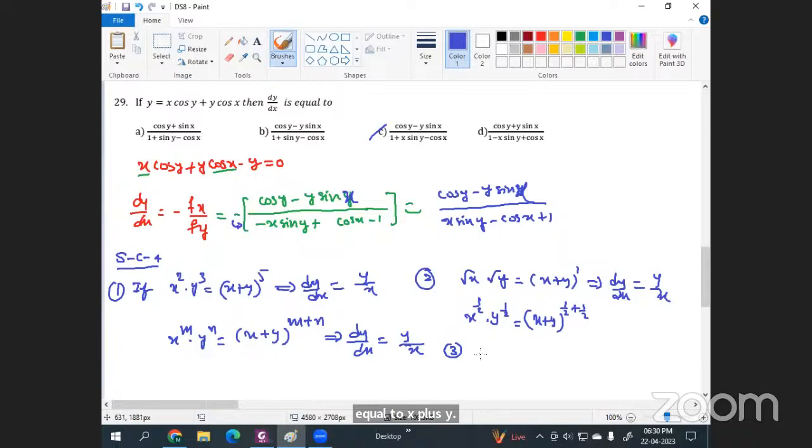So third one, cube root of x plus cube root of y into square root of y equal to (x plus y) whole power 5 by 6. Then dy by dx equal to y by x. Check it, you'll get the same answer for this one.